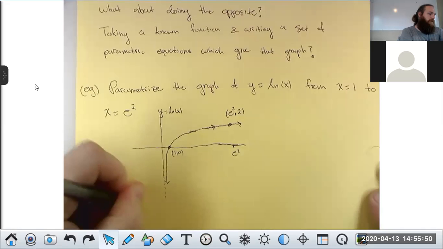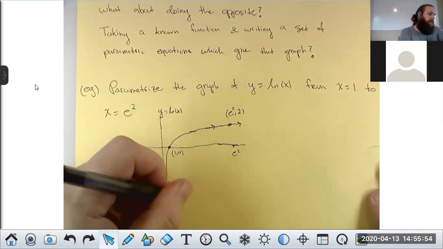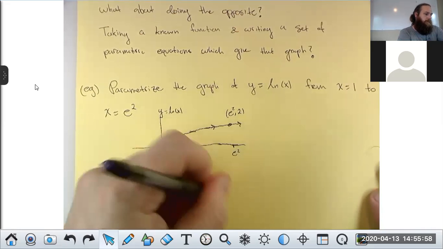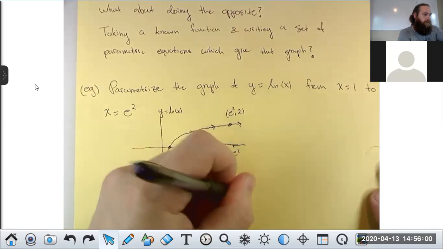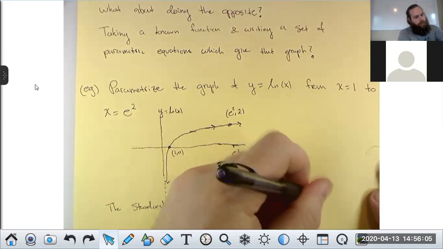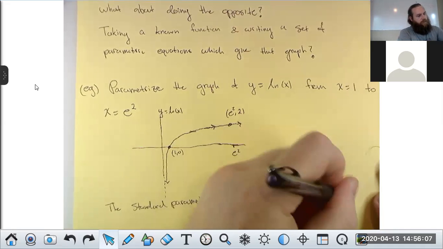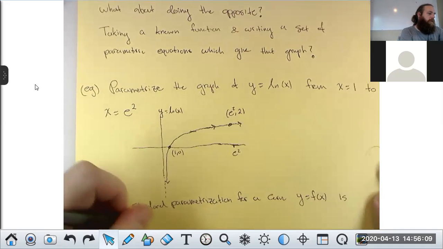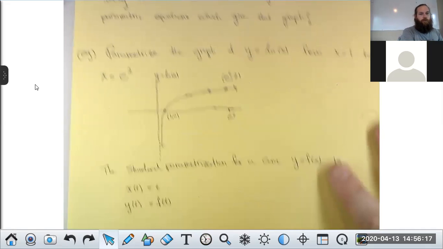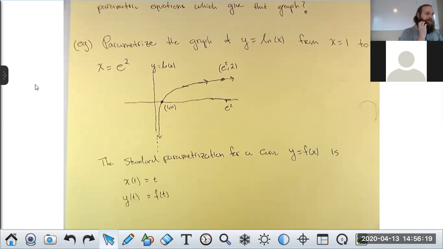The standard parametrization for a curve where y is equal to f of x is you just let x of t be t, and then y of t is going to be f of t, where f is the original function that related x to y.